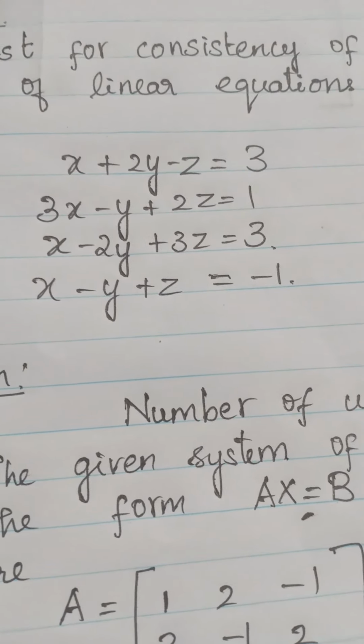So 1, 2, minus 1, 3. 0, minus 7, 5, minus 8. 0, 0, 8, 32.